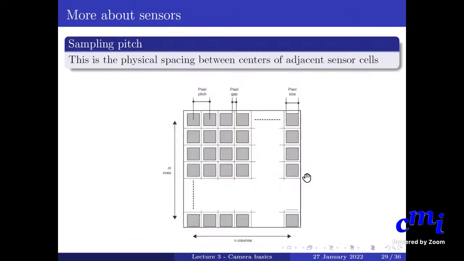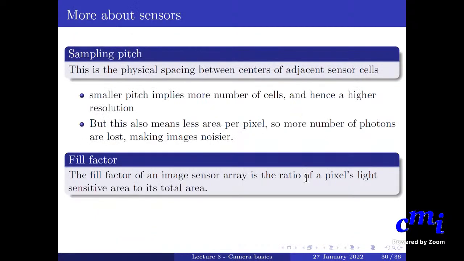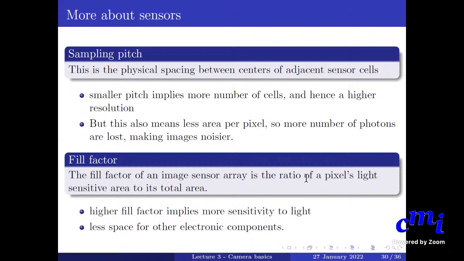So that is the fill factor. Finally, the quality of the image depends on this fill factor. If your fill factor is high, which means more light is being captured, you will get a better quality image. So it does not just depend on the resolution or the number of cells on that sensor. Higher fill factor implies more sensitivity to light.